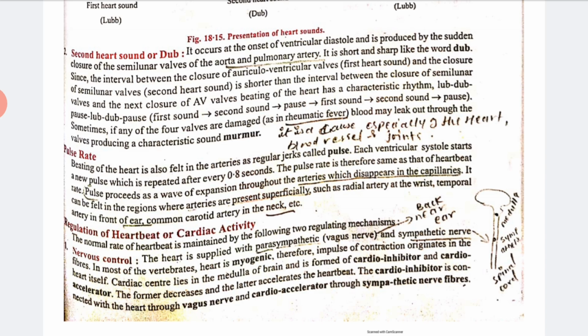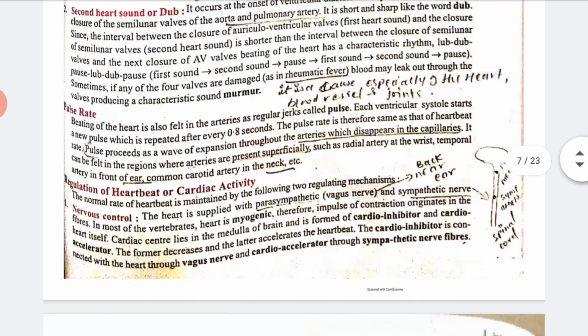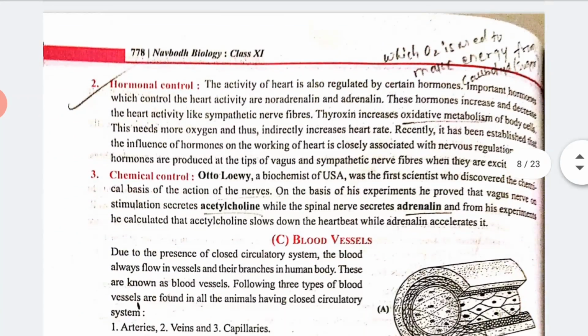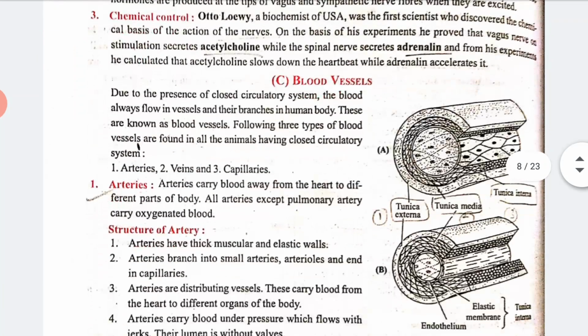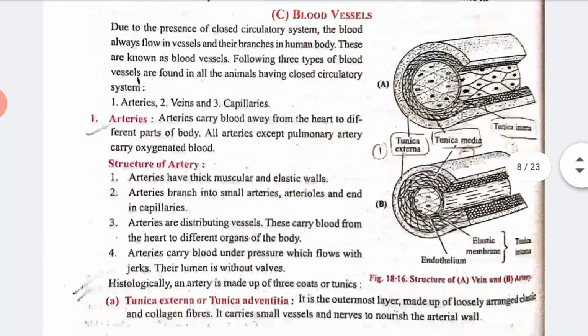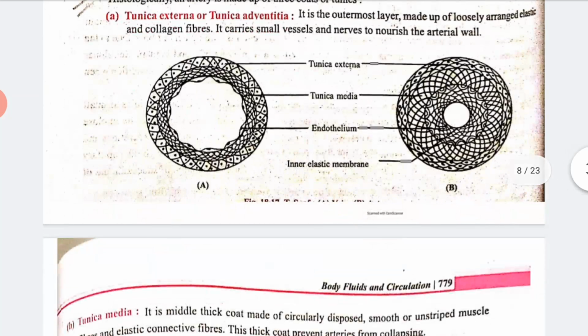Next we have regulation of heartbeat or cardiac activity. We know that it can be done by nervous control, hormonal control and chemical control, right? Now when we talk about blood vessels, we will go for the functions of arteries and veins.